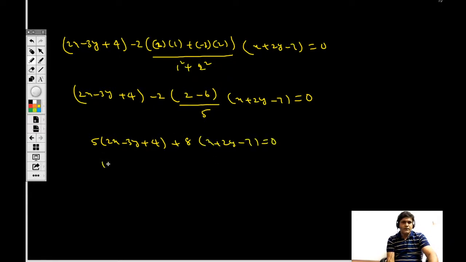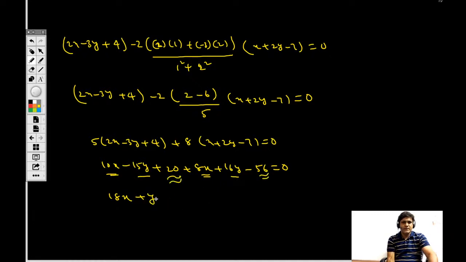This gives 10x minus 15y plus 20 plus 8x plus 16y minus 56 equals 0. Therefore 18x, minus 15y plus 16y, just y, and 20 minus 56, that is minus 36. So this is the reflected ray equation.